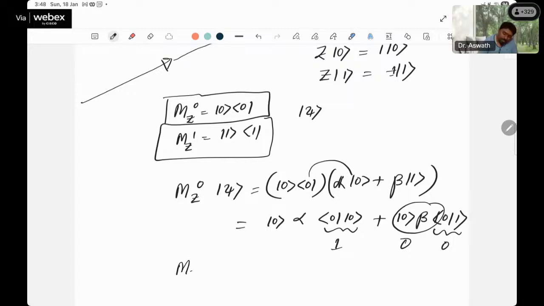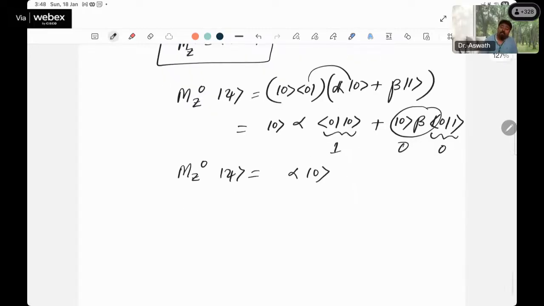So what is the result? Mz0 acting on a given quantum state gives me alpha 0 ket. With one measurement, I'll get a 0. Now I do several measurements and get the mean output.